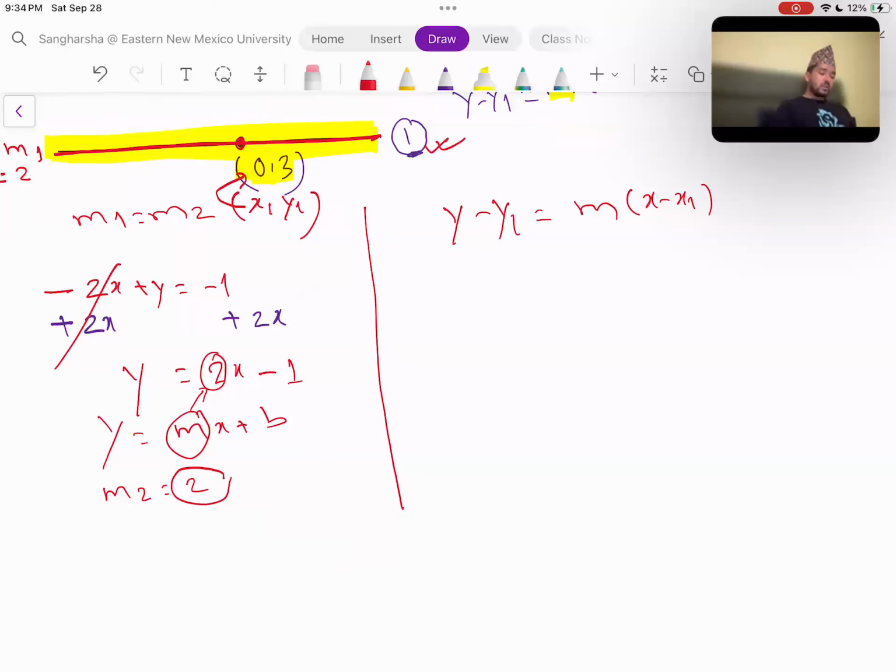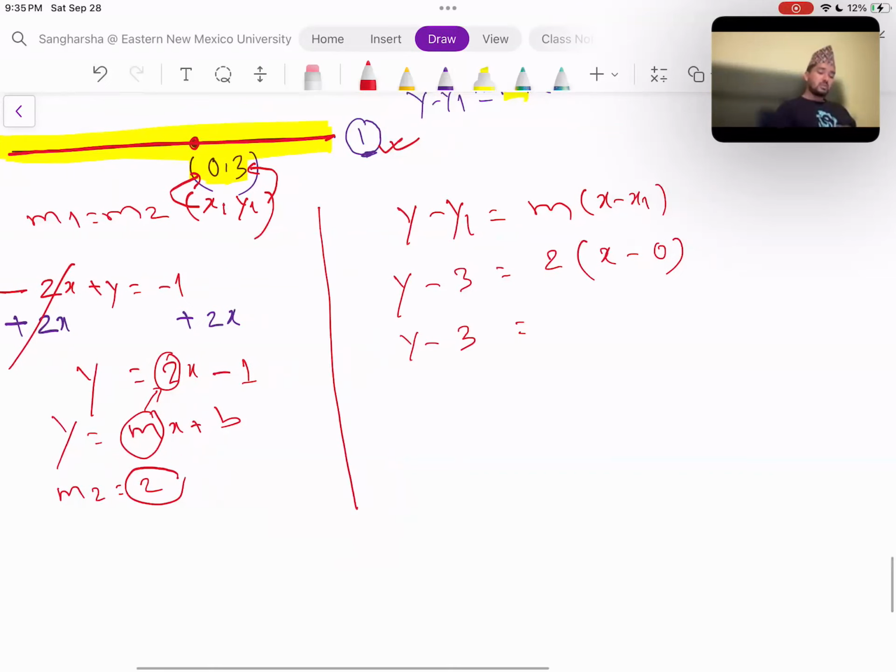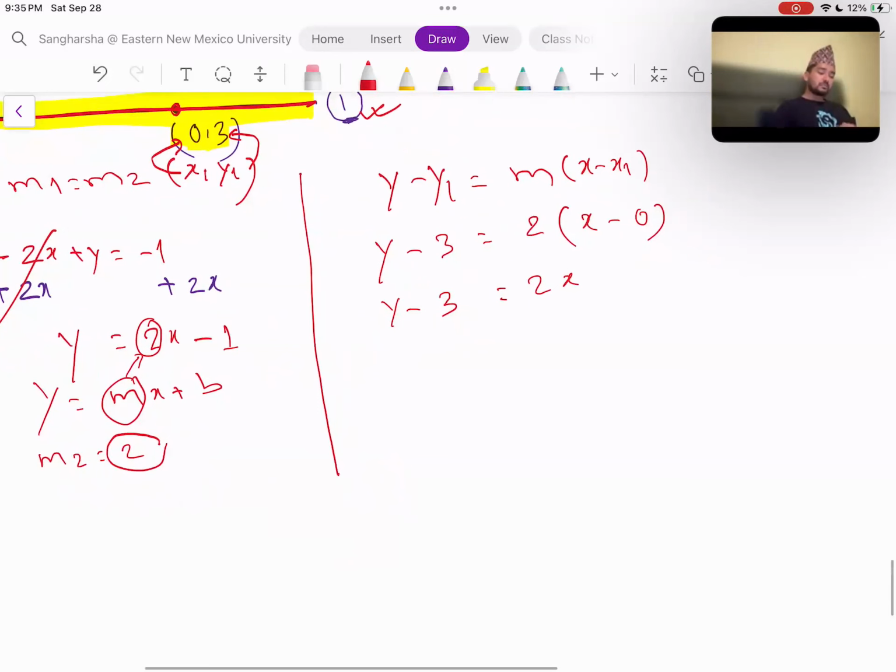Our x1 is 0, y1 is 3. So y minus y1 is y minus 3 equals our m, which is 2, times x minus x1, which is x minus 0. So y minus 3 equals 2x minus 0, which is 2x.